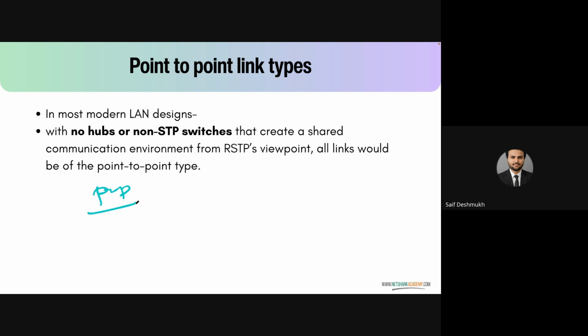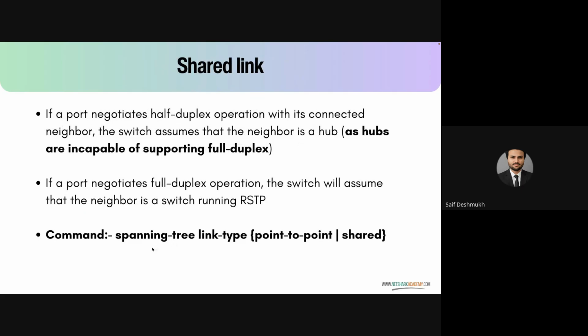But if the switch has not detected that hub, you also have an option to change the spanning tree link type, point-to-point or shared. It depends on what the ports have negotiated, half duplex or full duplex. It was designed in the older days when we actually had hubs in the network the majority of the time.